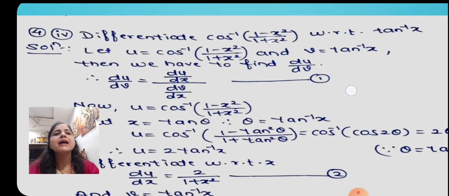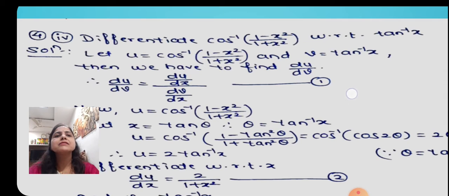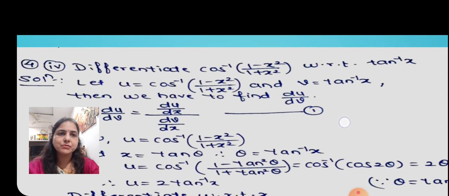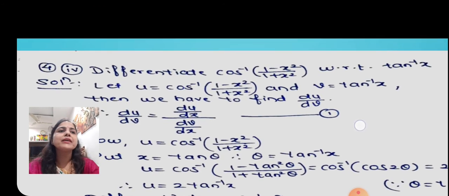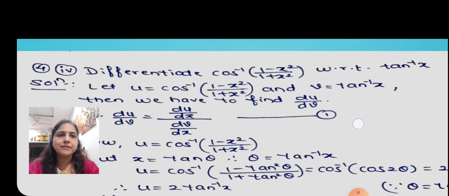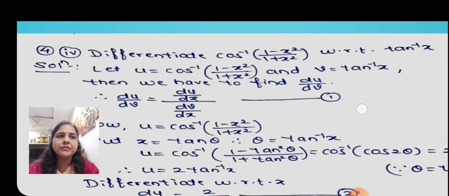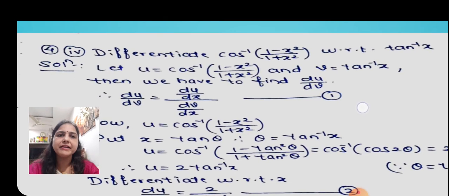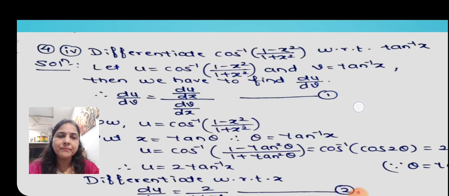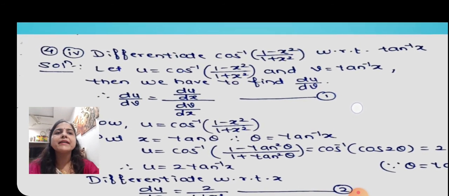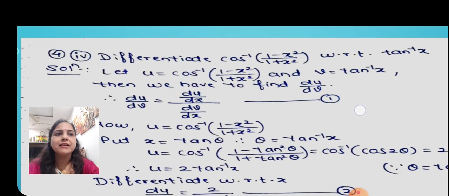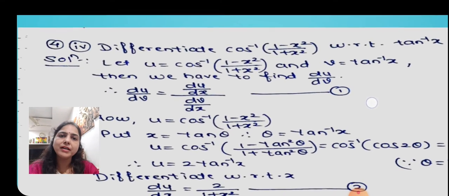First function we write as u, that is u is cos inverse of 1 minus x square upon 1 plus x square, and v as tan inverse of x. What we have to find? We have to find du by dv. Du by dv is du by dx upon dv by dx. Let us assume it as equation number 1.